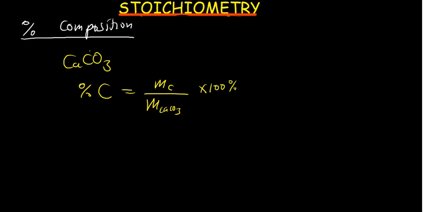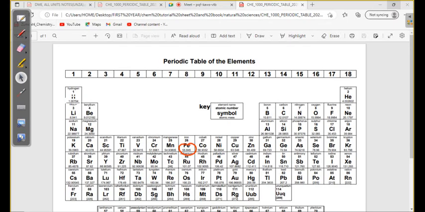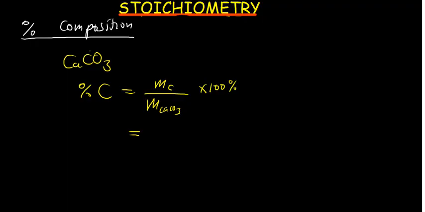So in this case, for carbon we check on the periodic table. Carbon has got a mass of 12.0107. And then we're going to divide by the mass of calcium carbonate. We'll check on the periodic table. For oxygen, we have got three oxygens, so we are going to multiply the mass of oxygen on the periodic table, which is 15.9994, by three.